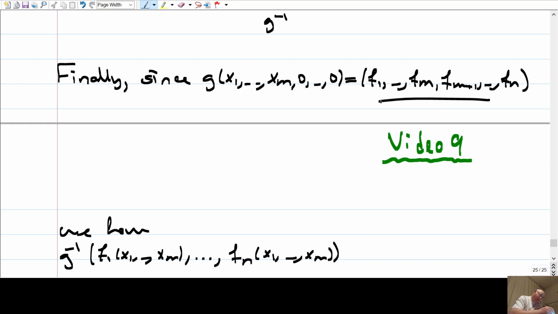What is this? G inverse of this is of course this gadget. So it is x1 up to xm and then all zeros.